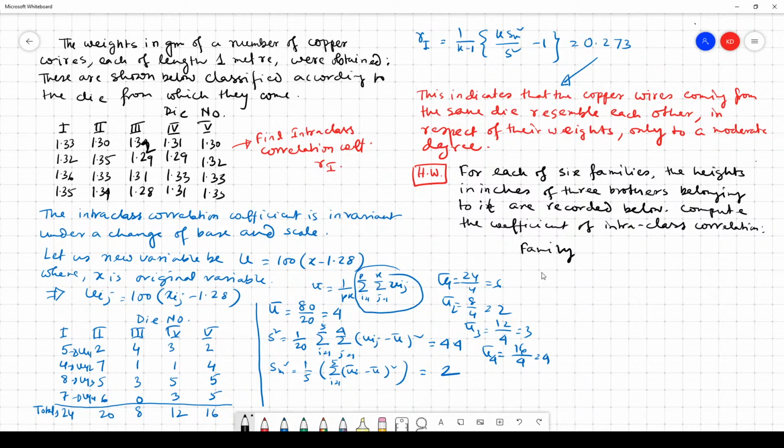Here we consider 6 families, 1, 2, 3, 4, 5, and 6.